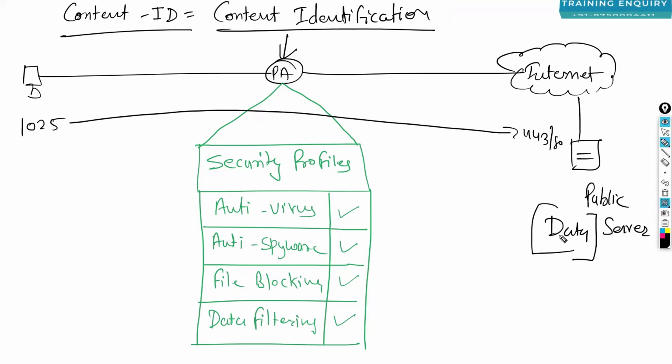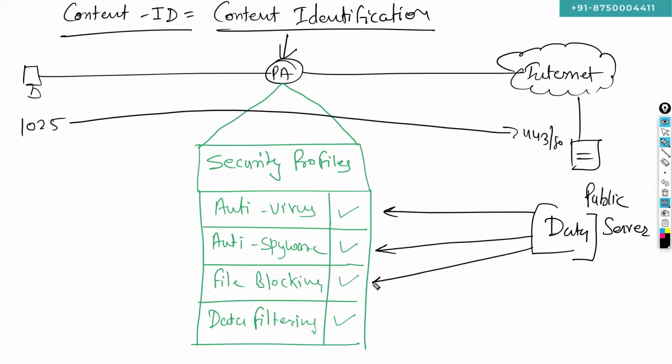That data will be filtered through antivirus profile, anti-spyware profile, file blocking profile, and data filtering profile. Antivirus will remove virus, anti-spyware will remove spyware, file blocking will control file type, and data filtering will protect our confidential information to leave the organization.